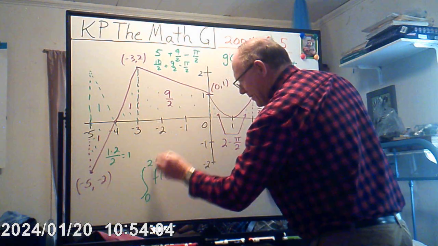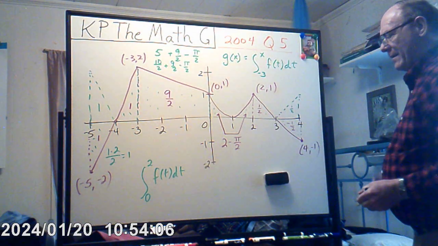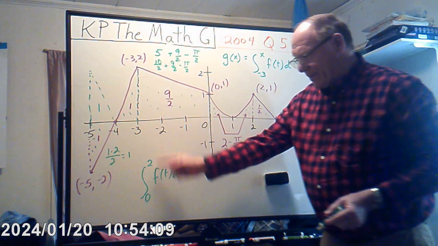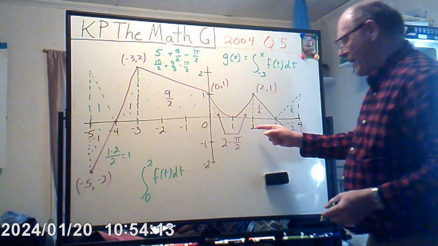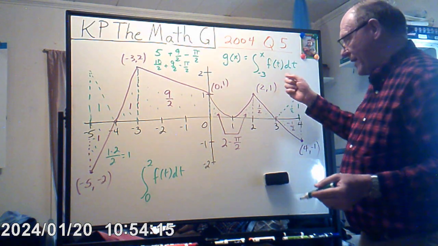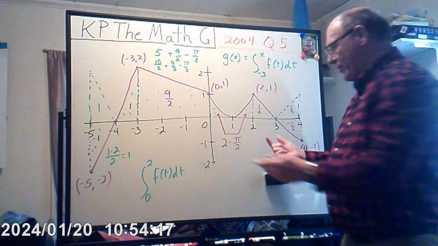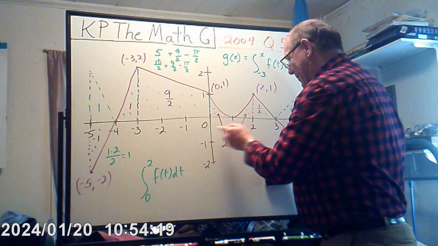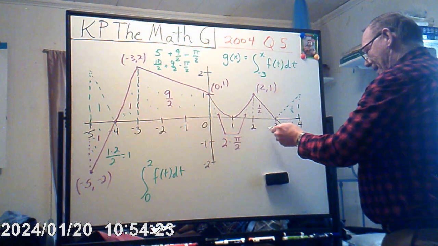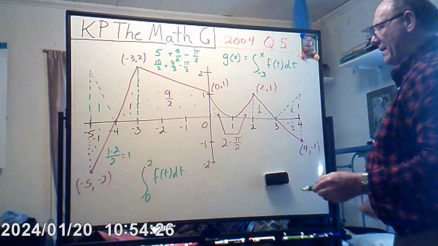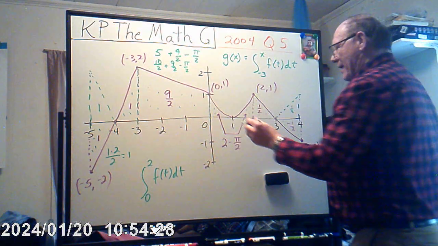Well, we can change this. We don't necessarily have to figure out from -3 to 2, although it does say -3 right here. We can still change the bottom one to 0 to 2, and I can do from 2 to 3, and I can do from 3 to 4. So let's figure this out.